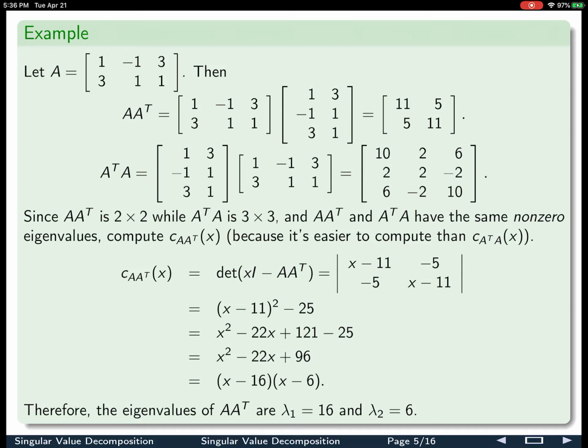Since A transpose A is a 3 by 3 matrix that is rank 2, it necessarily means that that matrix is singular, has a 0 determinant, all that good stuff. And so, its third eigenvalue is 0.